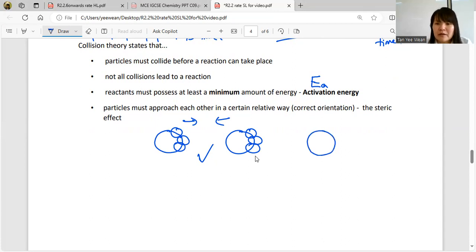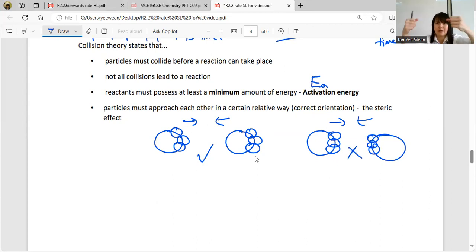If the particles meet this way, maybe it's not going to react. If they collide head on, they will react. Maybe if they're 90 degrees from each other, they just bounce off each other, so they might not react. So correct orientation just means how they were positioned when they collide with each other.